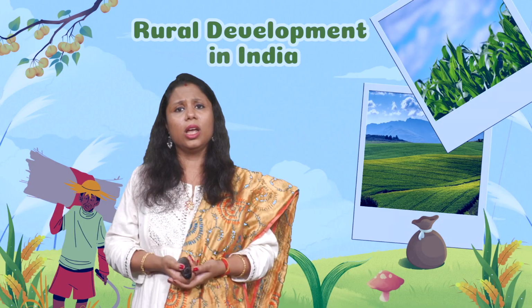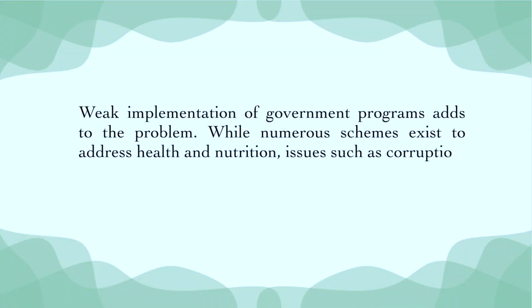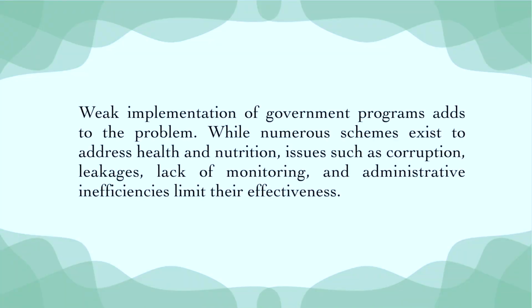And lastly, as we have discussed before, the weak implementation of government programs adds to the problem. While numerous government schemes exist to address health and nutrition issues in the country's population and the rural population in particular, there are issues of corruption, lack of monitoring, administrative inefficiencies, and siphoning of funds.